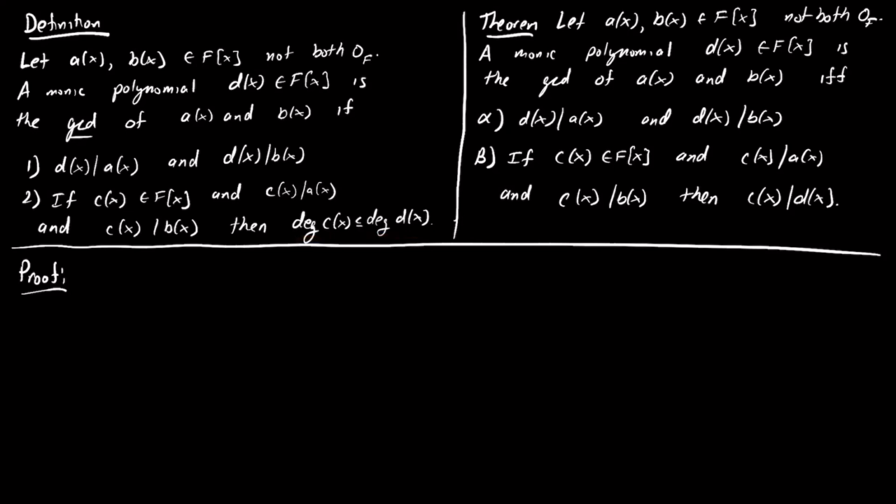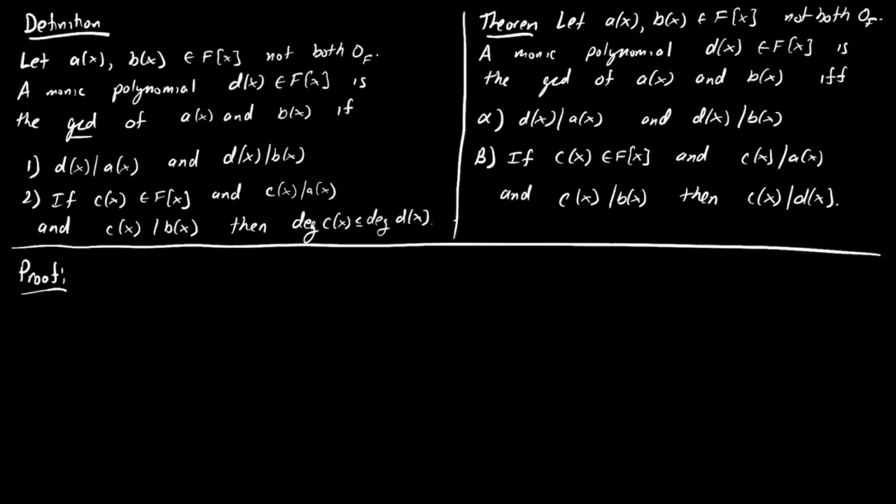Okay, what I claim is that this condition, degree of C less than or equal to the degree of D, can be replaced. Just like with the integers, we're going to be able to replace it with some other condition. Again, A and B are two polynomials that are not both 0, so one of them is allowed to be 0 as long as not both of them are 0.